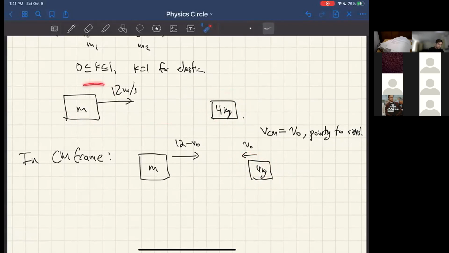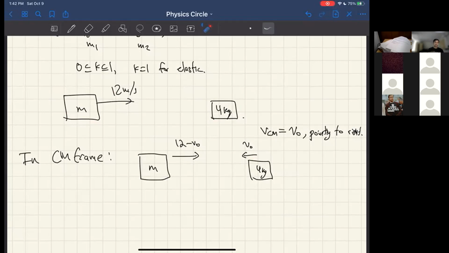Similarly, if this is moving at 12 to the right, and I'm running along at v0, it looks like it's only moving at 12 minus v0 to the right. If I was moving at exactly 12 meters per second, and the m was moving at 12 meters per second, it would look like it's at rest to me. But if I'm moving at 5 meters per second and it's at 12, then to me it looks like it's moving at 7 meters per second.